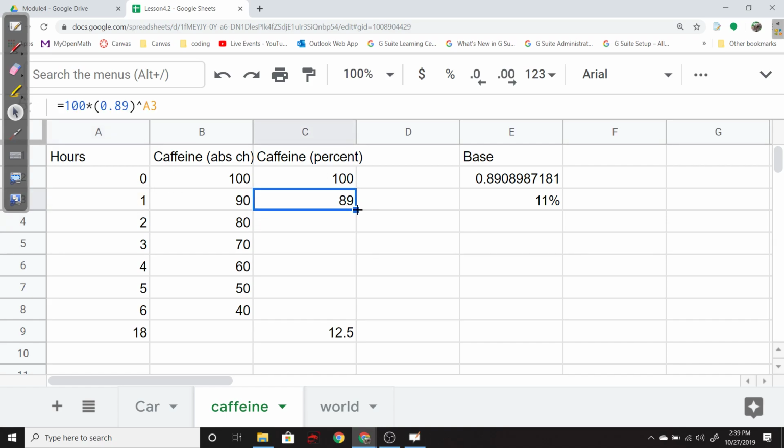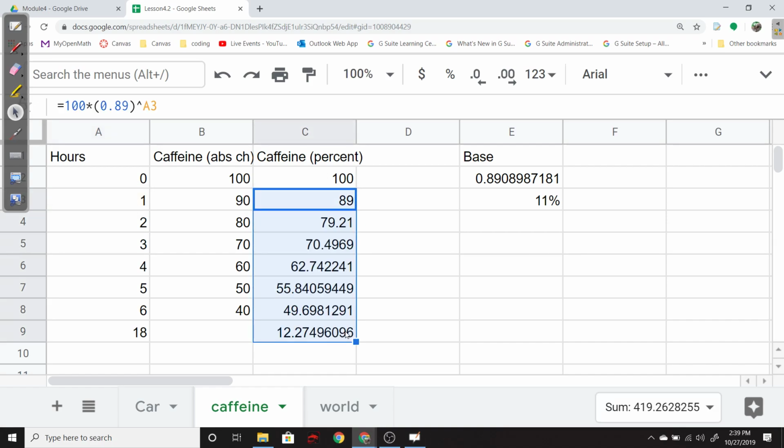I can recalculate and say that in 18 hours there'll be about 12.25 milligrams of caffeine. And these decimals are probably not going to be very accurate because this is just an estimation, so whole numbers of caffeine is probably better here.